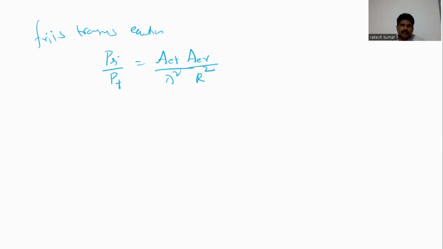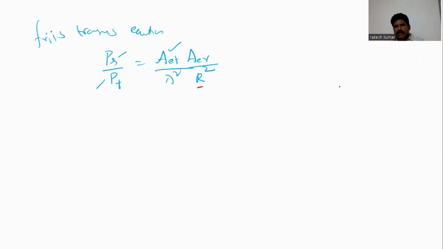What is this PR? Power received by the receiving antenna. What is PT? Power transmitted by the transmitting antenna. What is AET? Effective aperture area of the transmitting antenna. What is AER? Effective aperture area of the receiving antenna. What is lambda? Lambda is the wavelength.